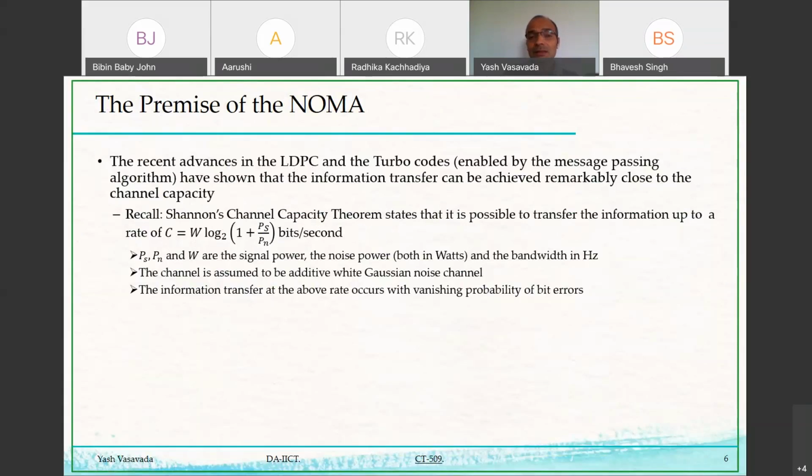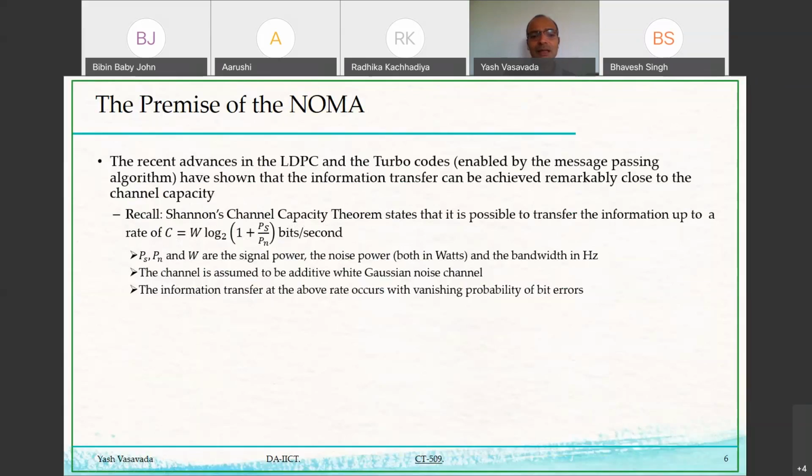And even if it is not attained, suppose the channel code is not powerful enough, maybe a weak LDPC code or a weak turbo code, or a convolution code, or some other Reed-Solomon code, I may not attain the channel capacity, but still I will come close to that channel capacity bound.